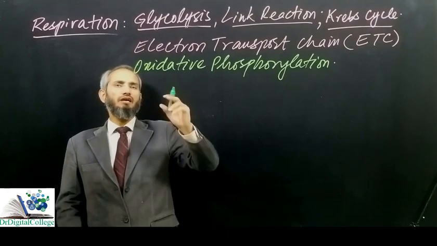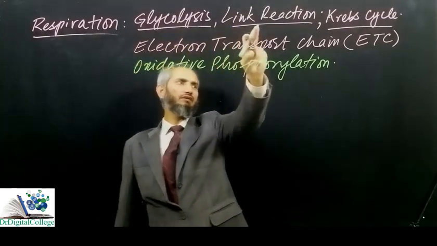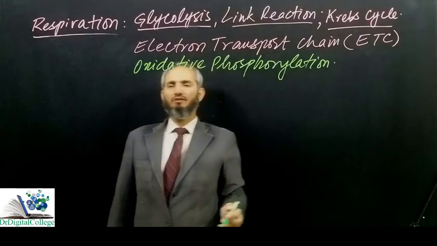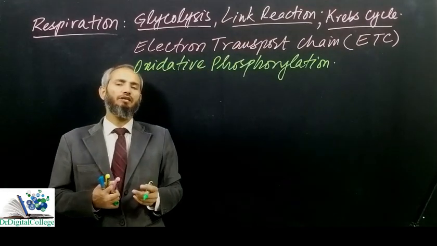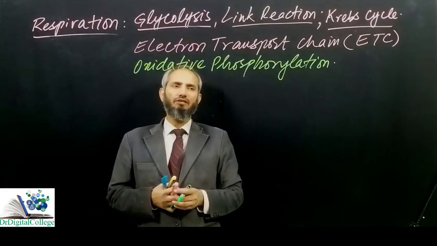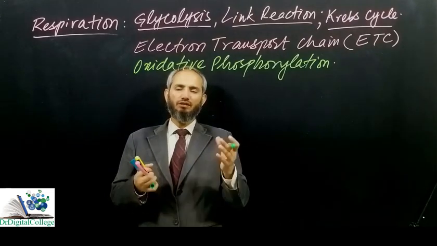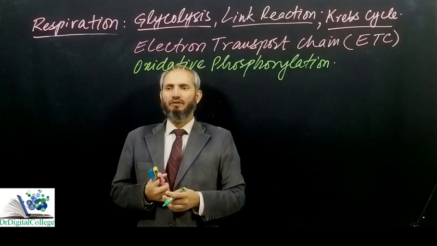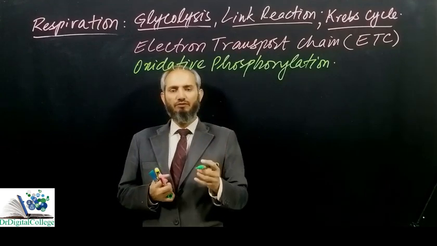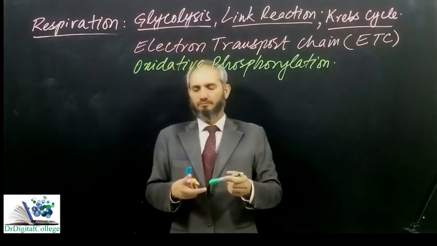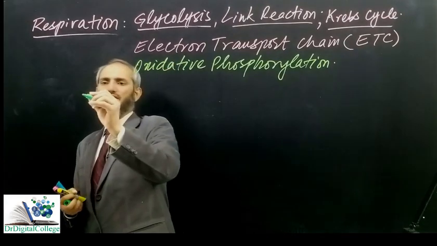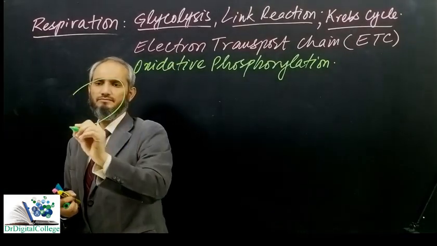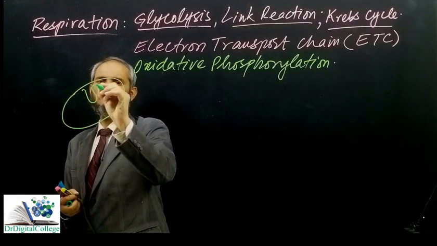What happens actually during glycolysis, link reaction and Krebs cycle, there was a lot of production of NADH2, FADH2, and there is a lot of energy stored in FADH2, NADH2, and the energy present in all of them is given out. If this is the mitochondria, this is its inner membrane.